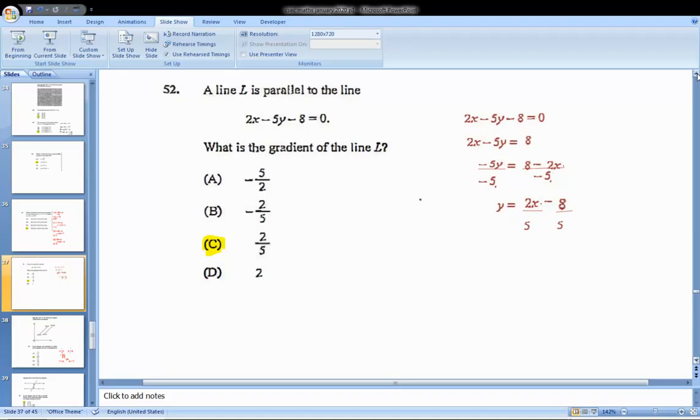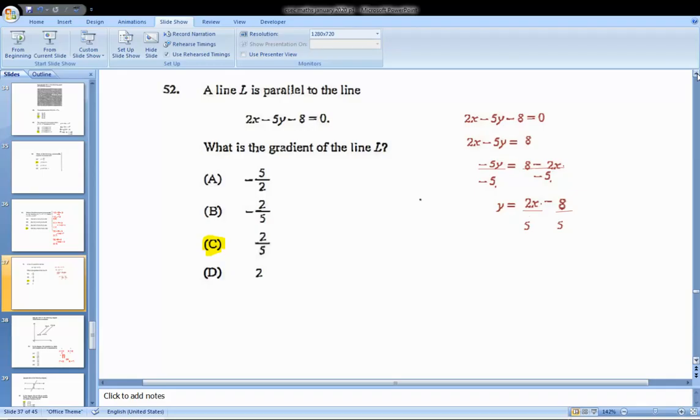For the gradient, we use y equals mx plus c. So we know the setting of the formula we should work with and how our answer should look. So we simply work out 2x minus 5y minus 8 equals 0.